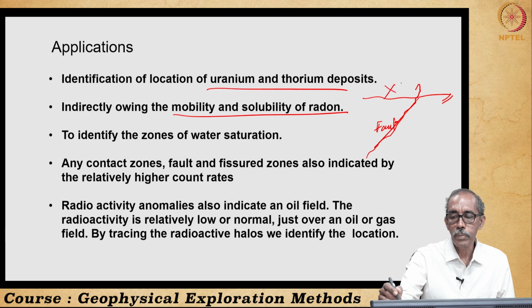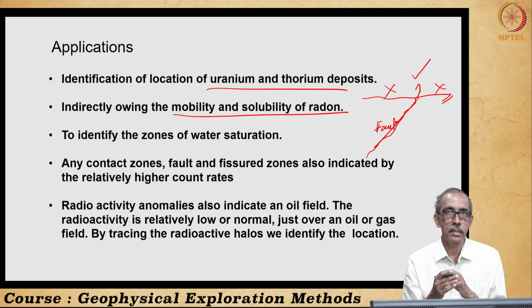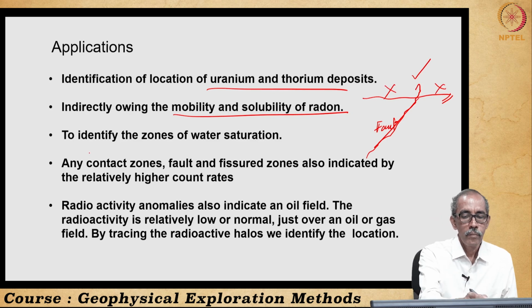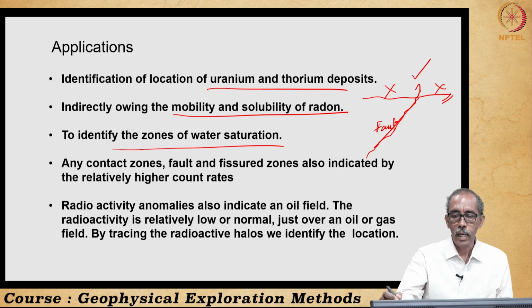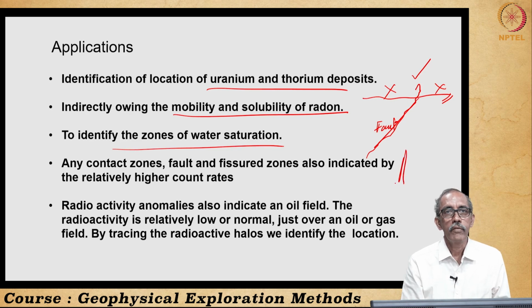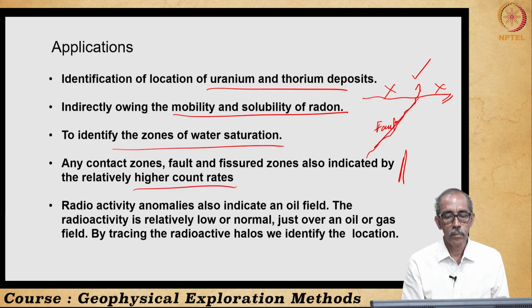Radon gas may be absent here, whereas here it is present. That helps us to delineate major fracture systems and understand zones of water saturation. As I told you, the fractured zones generally have higher radioactive counts.